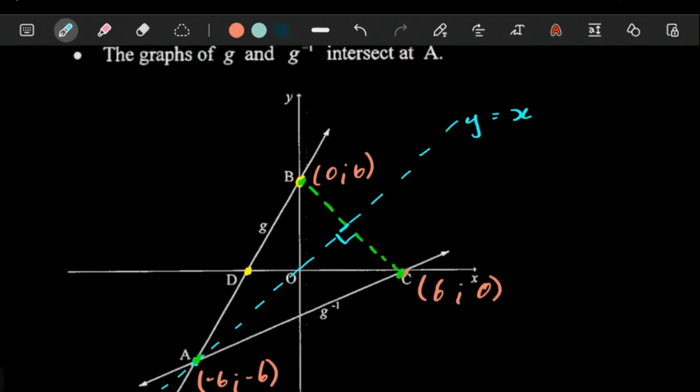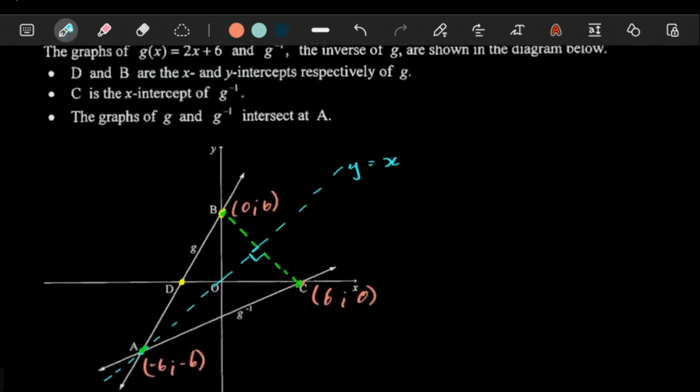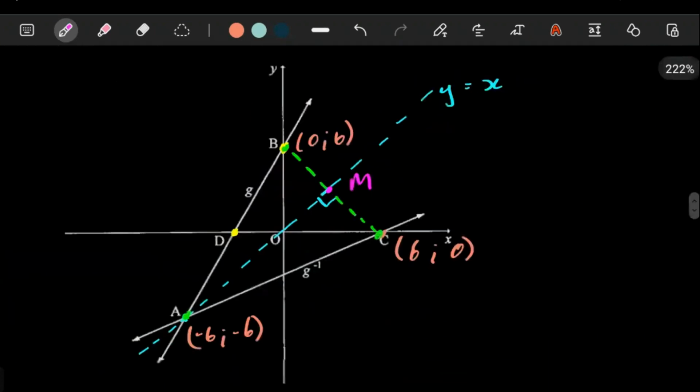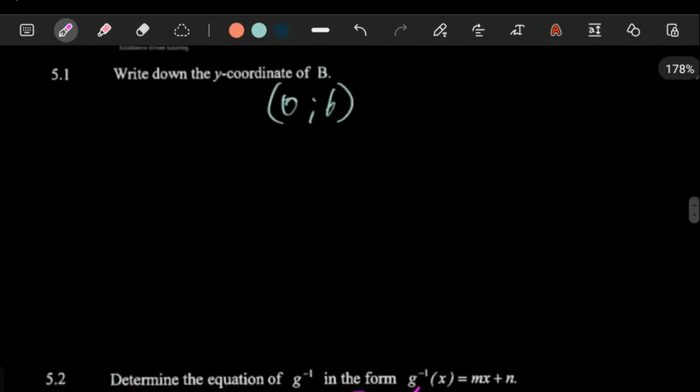So since this is a 90-degree angle, all we need is the distance of BC and the distance of A. Let's label this M, the midpoint of BC. So let's get that first.